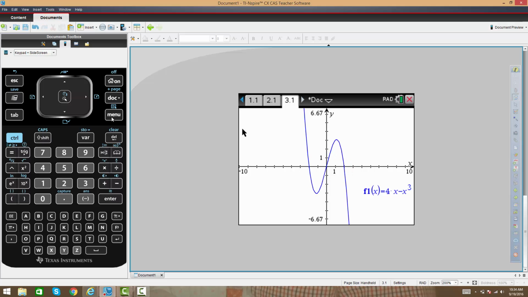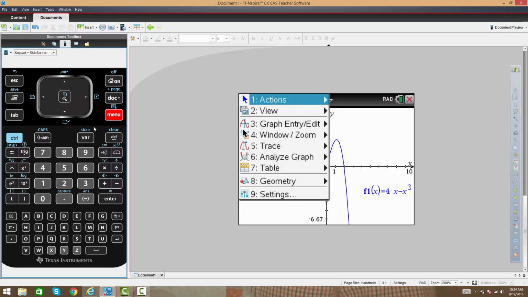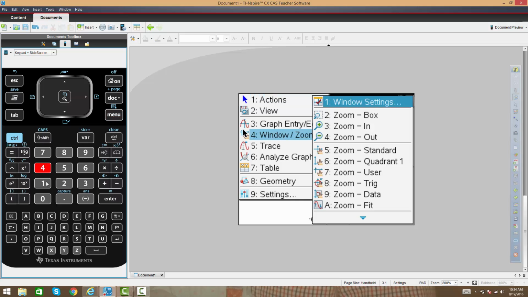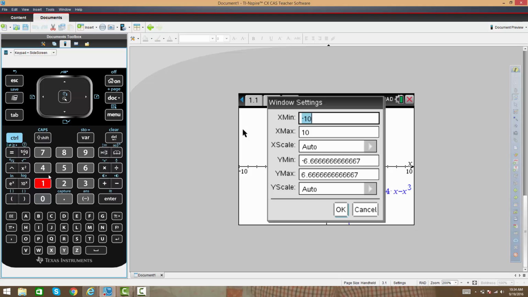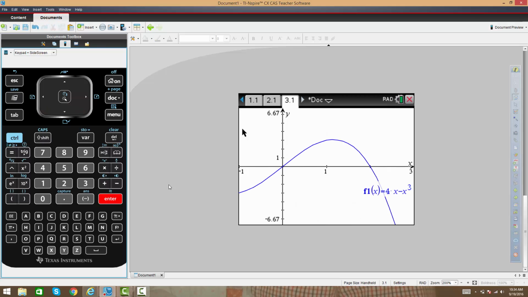So I'm going to change my window. Menu, window zoom. I want to decide my own graph. So I'm going to say from negative 1 to positive 3, put a tick mark every 1, and I'm going to leave the y as it is. So I have a graph.